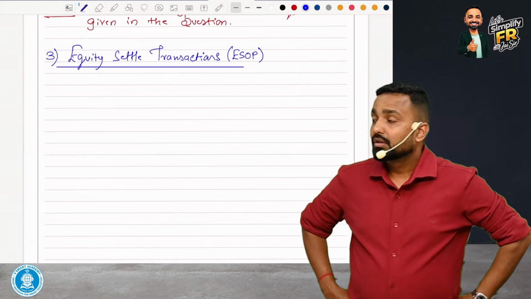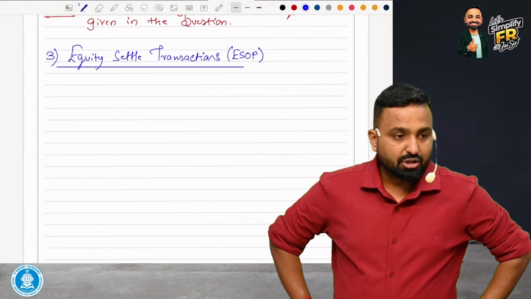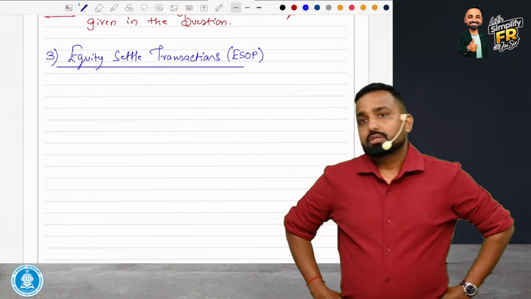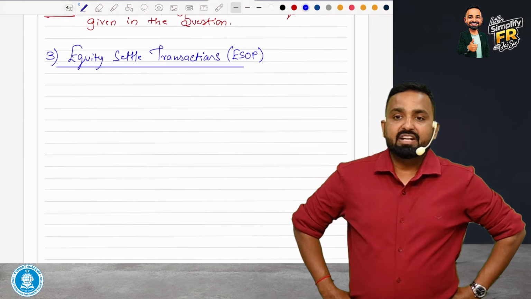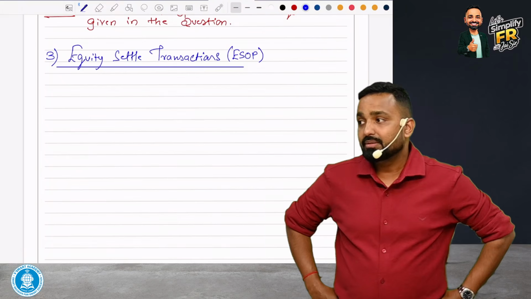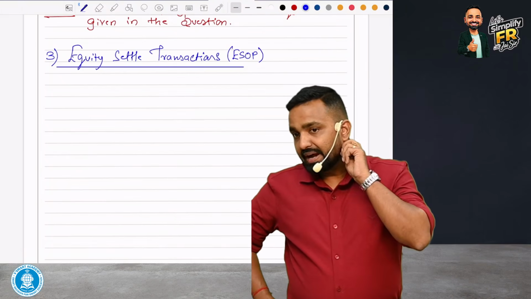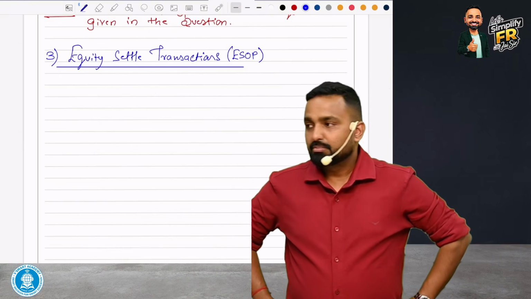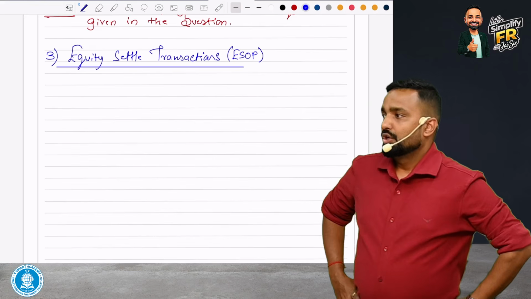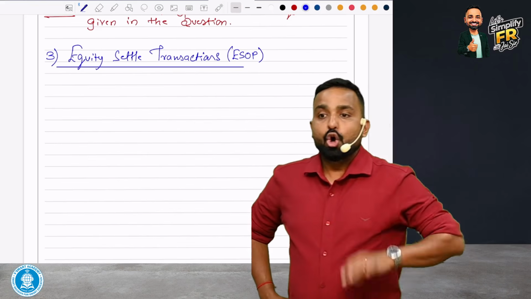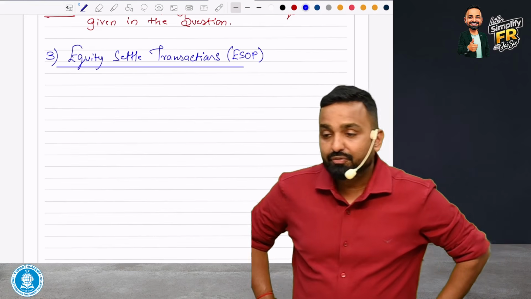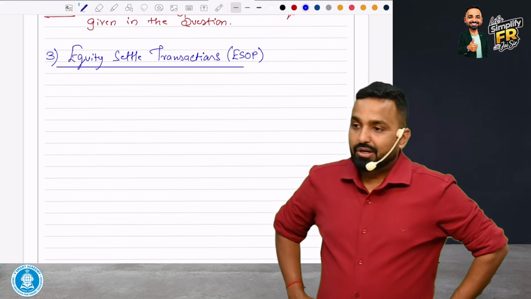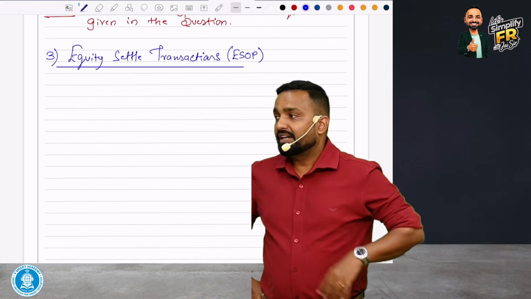On grant date, I offered that I will give 100 shares to each of my employees. Suppose I have 500 employees. Every employee will get 100 shares. Multiply it. You call it 50,000 options. So how will you arrive at the number of options?